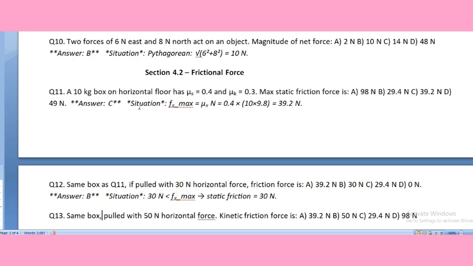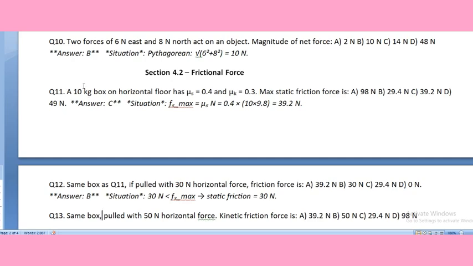So when we come to the answer, the correct answer is C. In this situation, the maximum static friction equals the product of the coefficient of static friction times the normal force. The normal force is the product of the mass of the object times gravitational field strength.